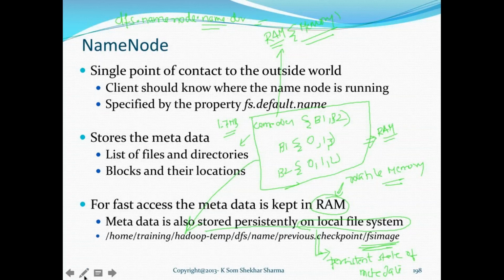One is fsimage, another is the edits file. We'll talk about the edits file later, but right now the fsimage file is clear to you. The fsimage is nothing but your file system image. It's a persistent state of your metadata.